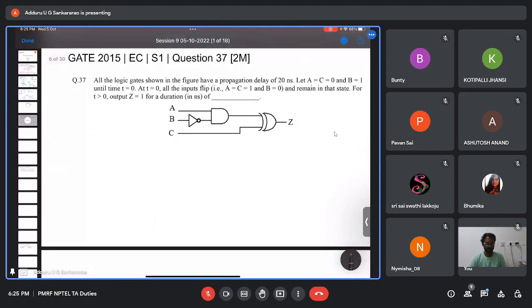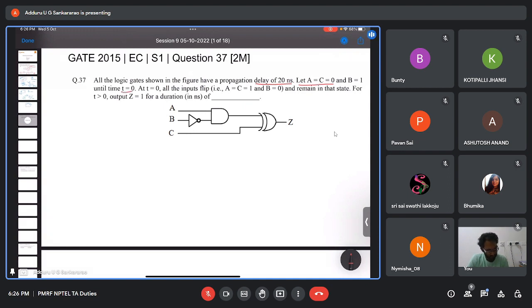This question was given in GATE 2015 ECE set 1 for 2 marks. The question is: all logic gates shown in the figure have a propagation delay of 20 nanoseconds. Let A equal to C equal to 0 and B equal to 1 until time t equal to 0.